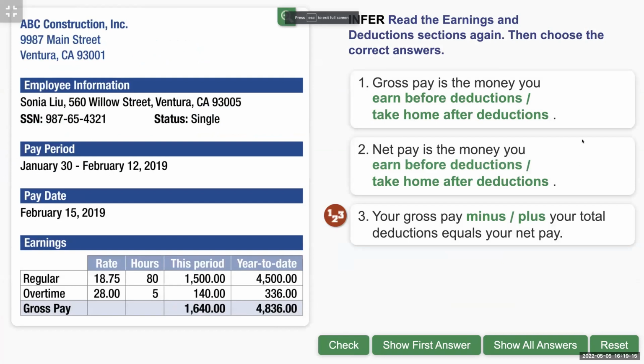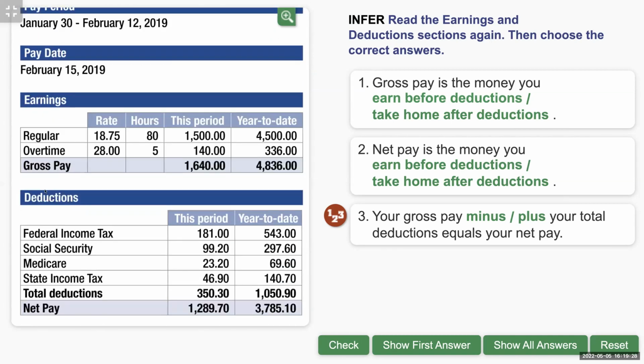Now we're going to go back to the sections and choose the correct answers. Gross pay is the money you earn before deductions, or take home after deductions.